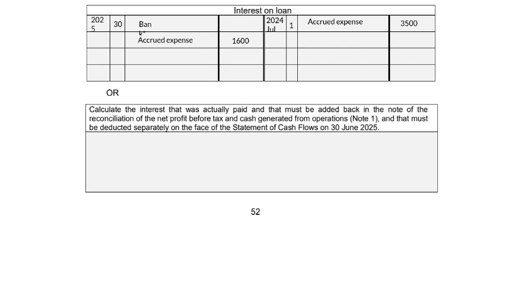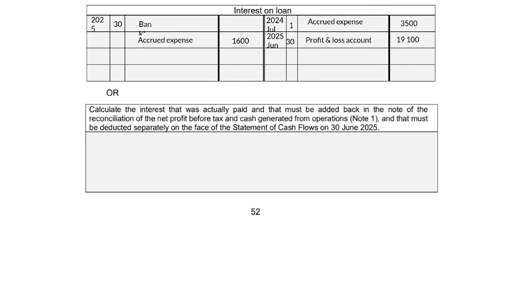Then on the credit side, 2025 June the 30th, that's the end of our financial year, the interest expense according to our income statement that gets closed off to the profit and loss account was 19,100 Rand.